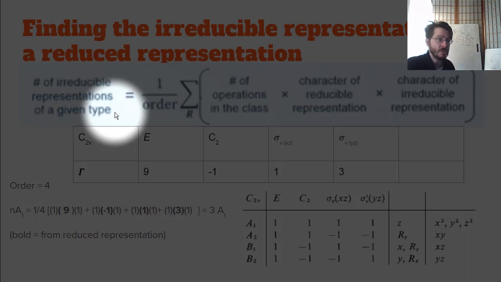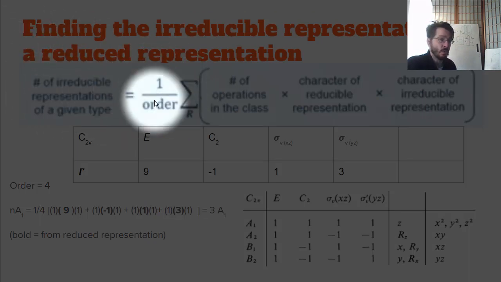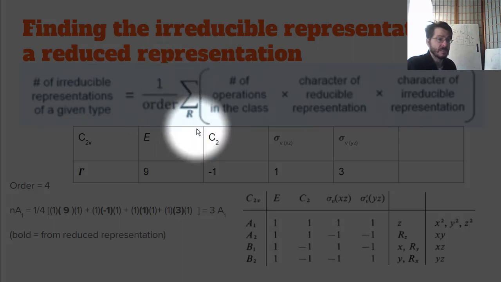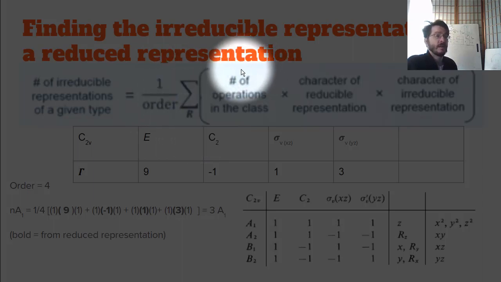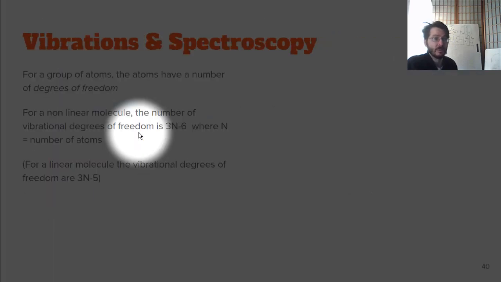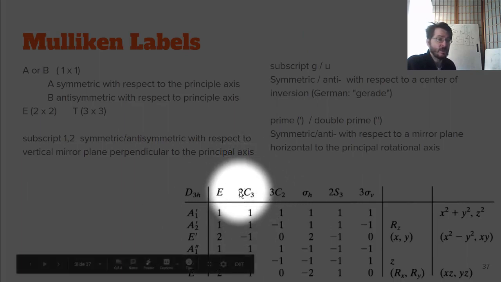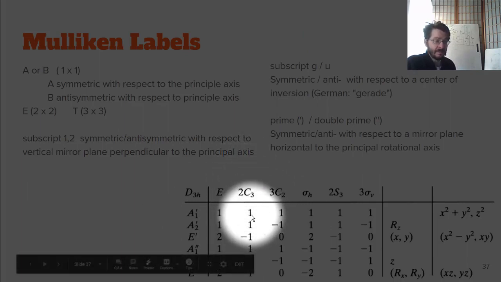And so the way we're going to do this is to take a fraction, 1 over the order, times the sum of the number of operators in the class, so basically the number up here, which for this example isn't important, but for something like this, we'd say 2 times the number here.